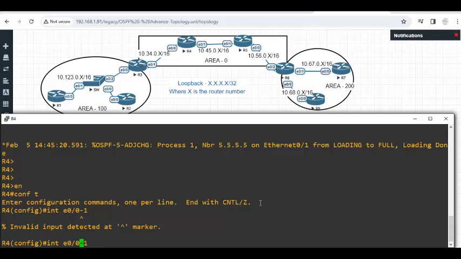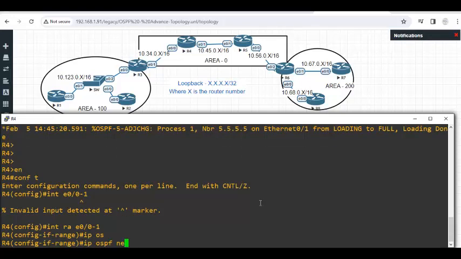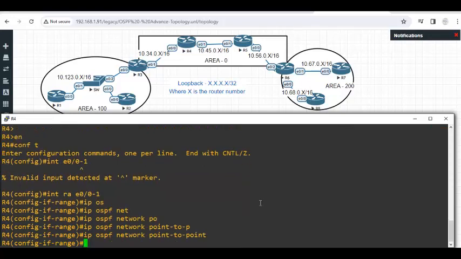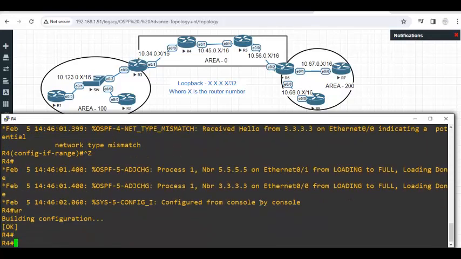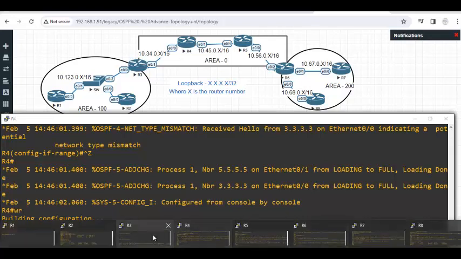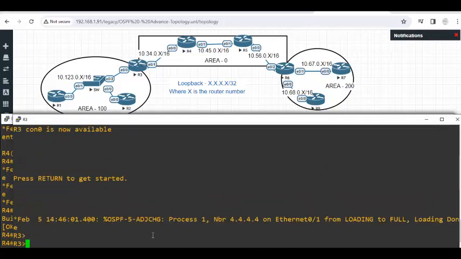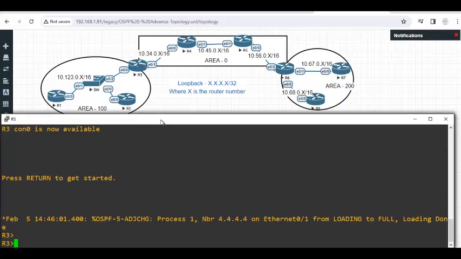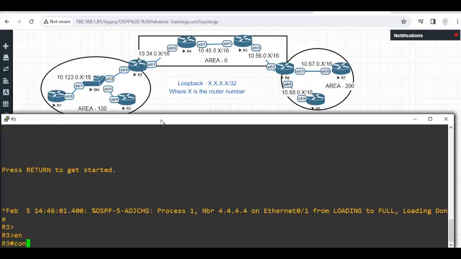Next I'll go to router 3. Interface Ethernet 0/1, IP OSPF network type point-to-point.